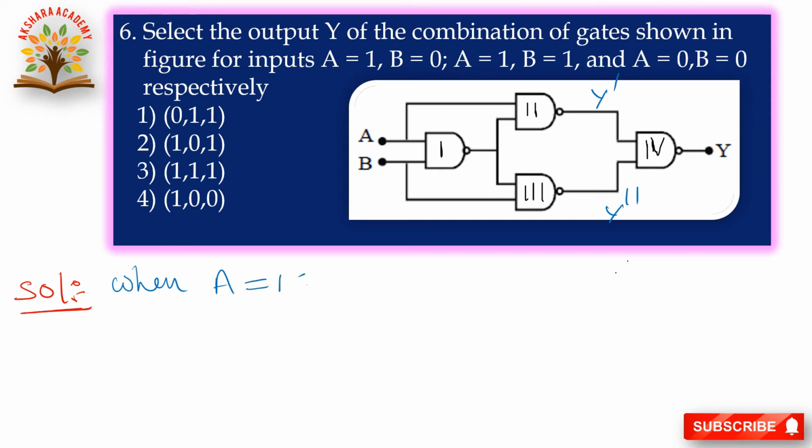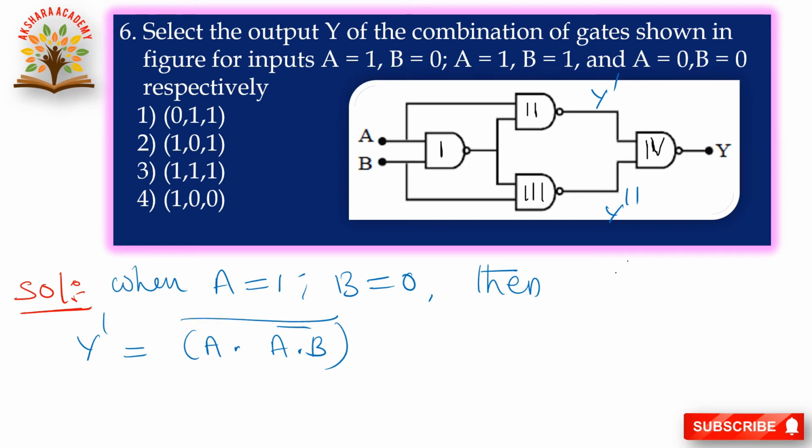A is equal to 1, B is equal to 0, then Y dash is equal to A dot B bar. Here this represents A bar dot B bar. Substituting A is equal to 1 and B is equal to 0, that is equal to 1 bar dot 1 bar, that is equal to 0.